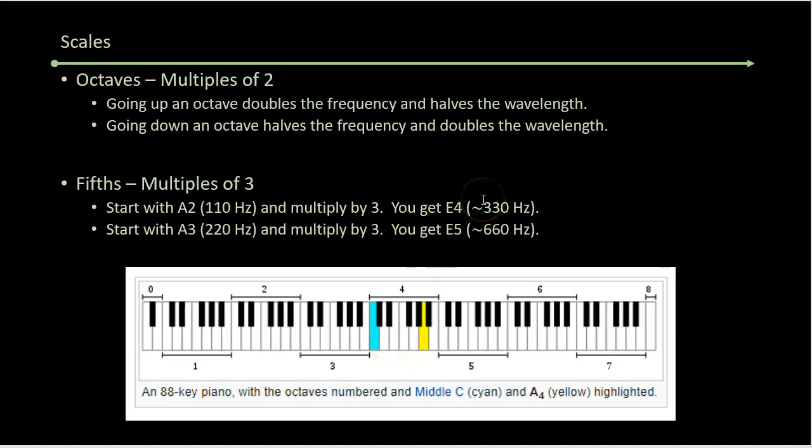Sorry, let me start down here at A. I multiply by 3, I end up at E, right? So A to E, a multiple of 3 to E4, gives me a fifth.